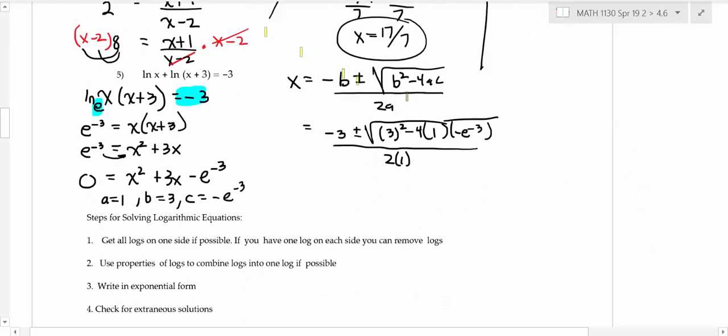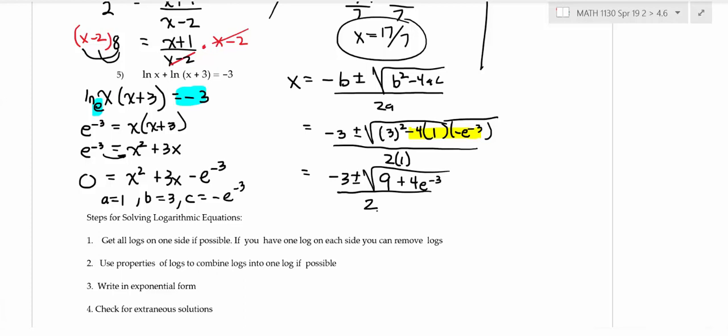So really all I see that you could do on this is just work it out a little bit. You would have negative 3 plus or minus the square root of 9. 3 squared is 9. You have two negatives, so that's going to be plus 4e to the negative 3, all over 2. And that's what you would have as the potential two answers to that problem.